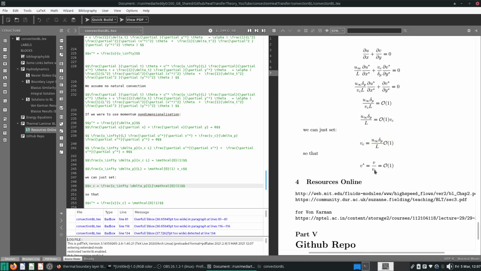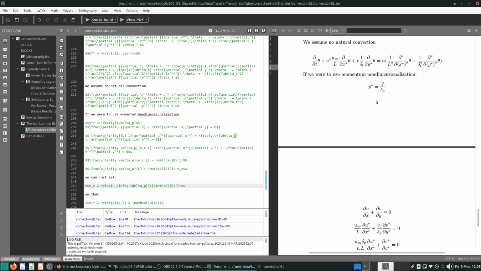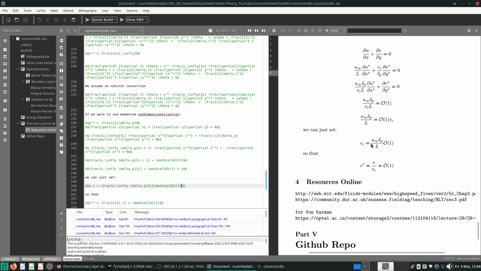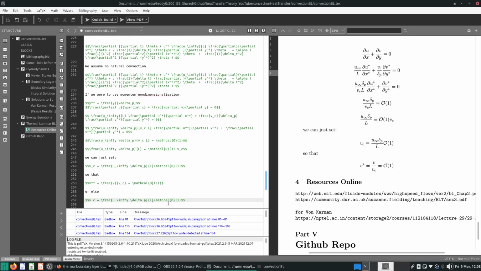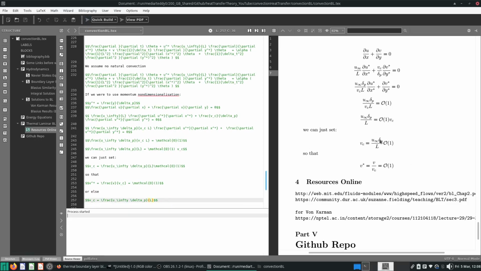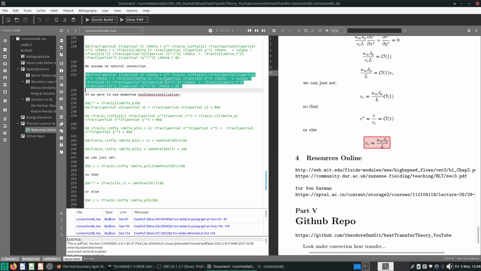So regardless, we can just set VC equals u infinity delta P over L, because whether or not we put in the order of magnitude 1 term, it still gives us the same order of magnitude, which is what we want. We want to reduce all non-dimensional terms to order of magnitude 1.